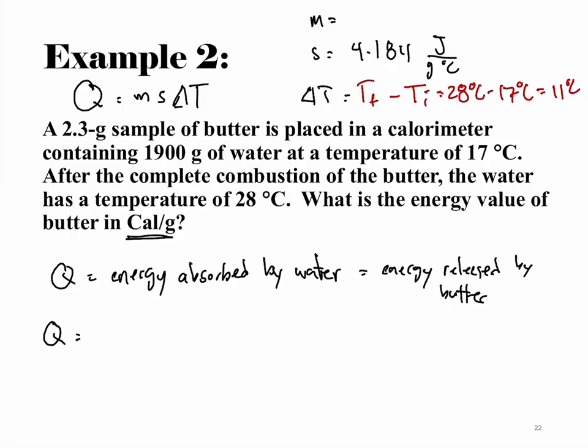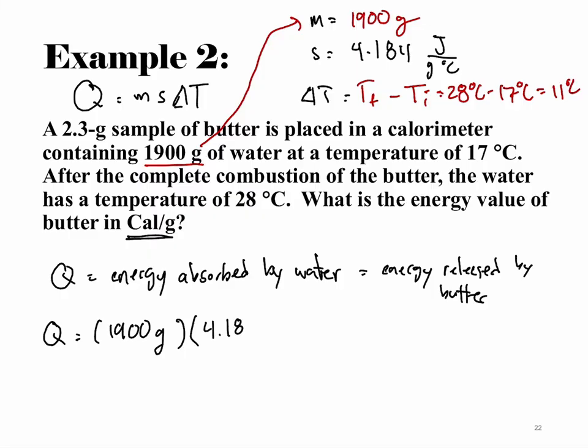So this mass value is what we're going to be using for our calculation of energy here. That gives us 1900 grams, 4.184. What are the units of specific heat again? Joules per gram degrees Celsius.